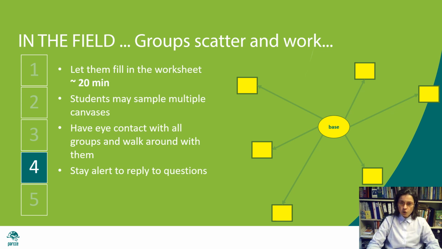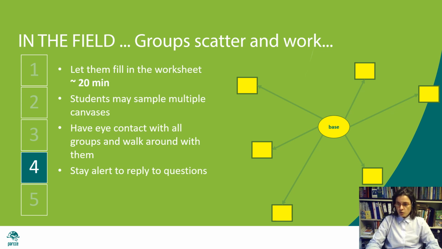Make sure that you have eye contact with all the groups as they scatter around your base to fill in their worksheets. Some groups may choose to take multiple canvas samples, and that's very okay, of course, as long as the samples are representative.